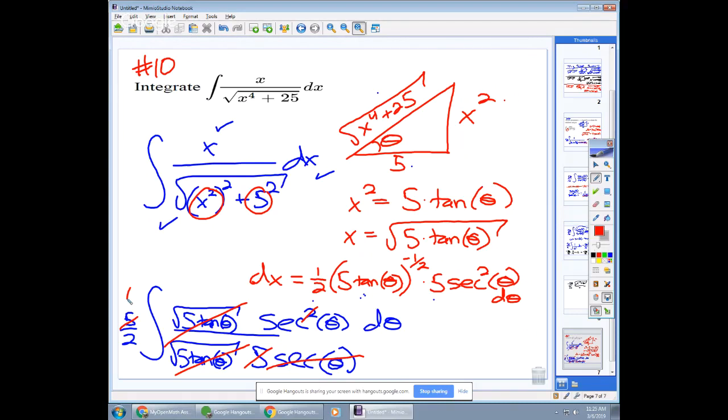We crossed out everything else. So I got a 1/2 on the outside, and on the inside, I just have a secant. So we replace x at the end. What's that? We haven't, we still have to come up with an antiderivative.